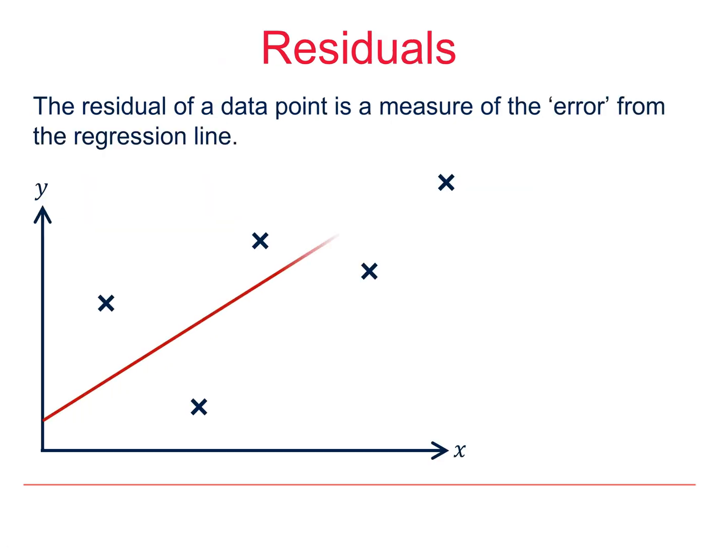Here I've got a line of best fit drawn by eye. Each of the y values has an experimental error from the value that would be predicted by this line. These errors are called residuals. So this is a residual, and this is a residual, and so on.